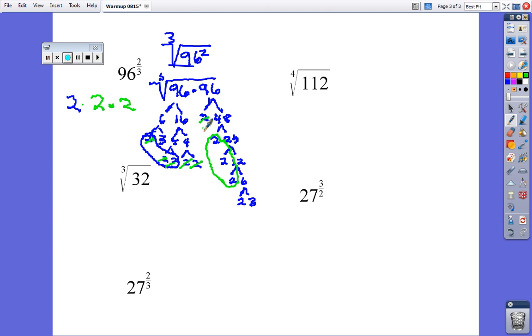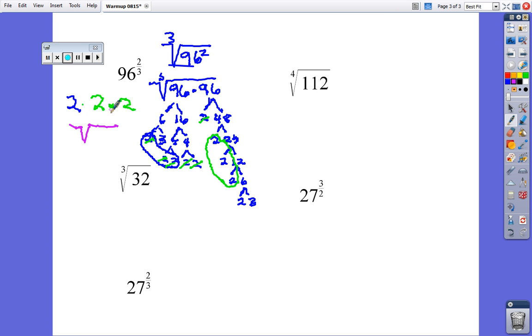And let's see what else we've got. Then we have a 3 and a 3 and a 2. So these are going to be stuck inside the radical sign.